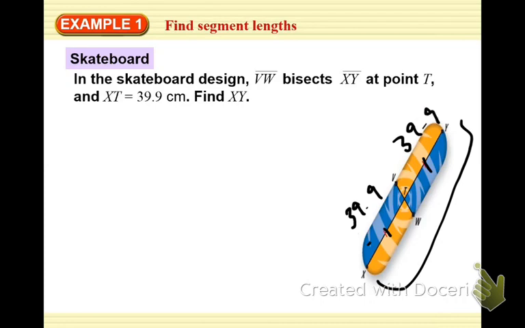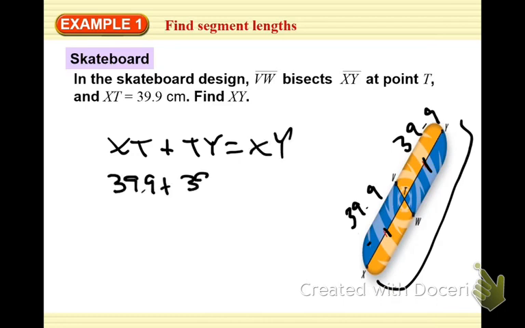And so now we can apply the segment addition postulate to find all of XY. And again, a little bit elementary, but until we get really good at this, write that out. So double that basically.